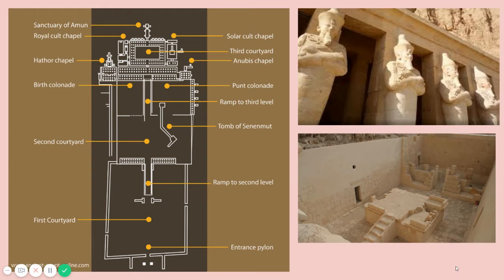This is a floor plan that's going to give you those understandings where we have different tombs and courtyards and chapels, and again, this is all kind of the mythological story that she has put together within a structure to kind of tell the story of her life, but also kind of her divine life.